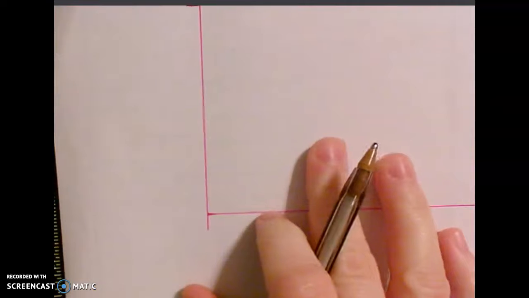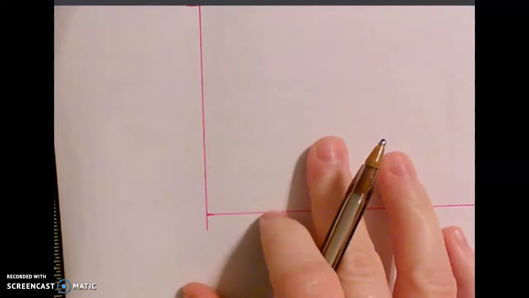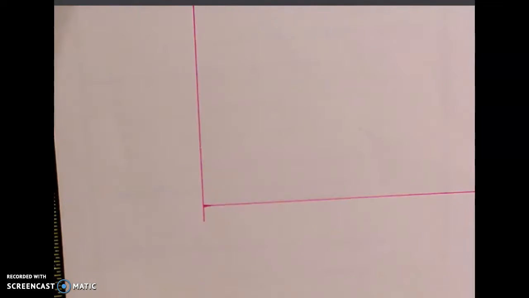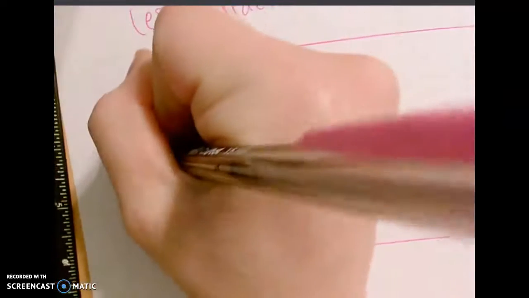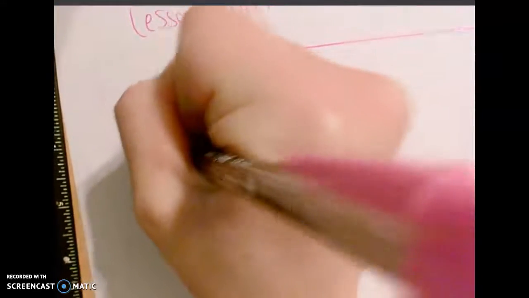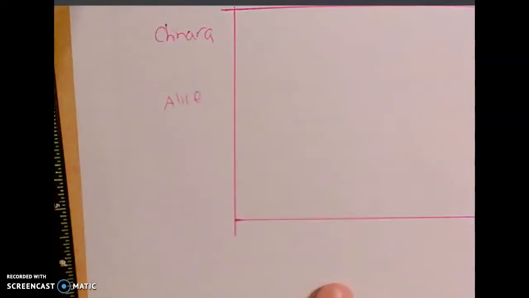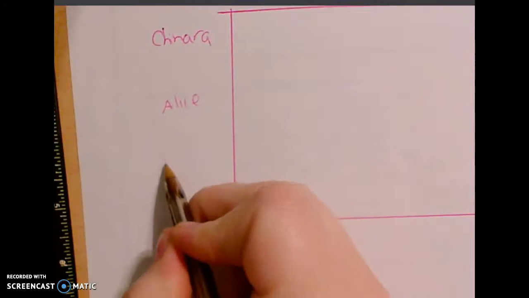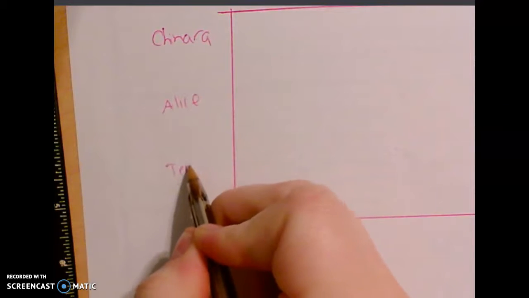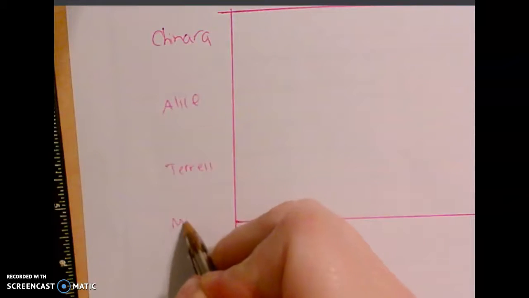Now, the kids, their names, I'm not sure how to pronounce that one. I'm saying Shannara. She needs to go up here. The next one is Alice. And then we have Terrell and Manuel.